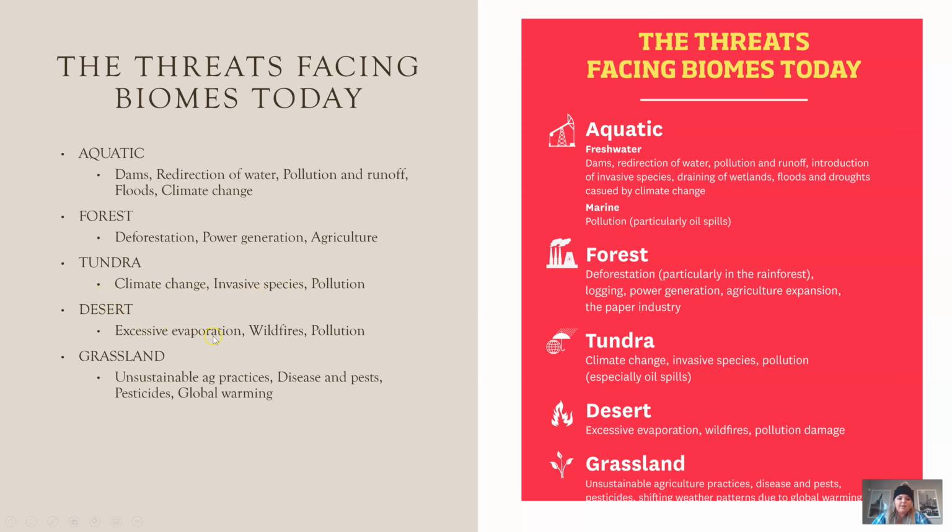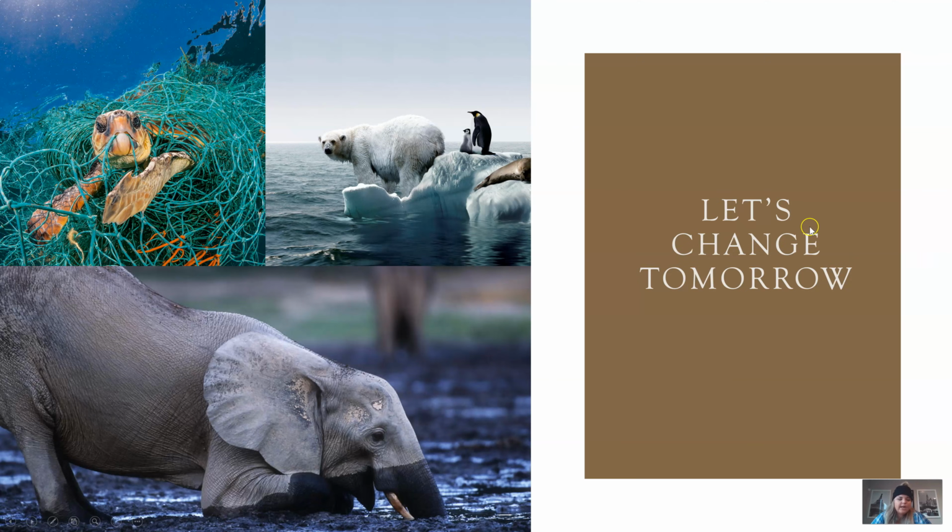Deserts, excessive evaporation, wildfires, and pollution. Grasslands, we see unsustainable agricultural practices, disease and pests, pesticides, and global warming. So you'll notice a trend here. Almost every single one is affected by some sort of climate change and pollution, which is all from us. So we need to change tomorrow in order to save all of these guys.